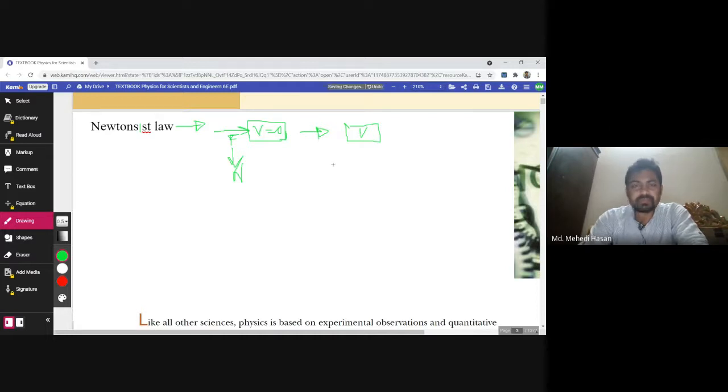If mass is increased, then inertia is also increased. For example, if we apply 10 Newton force to move an object of 10 kg, then there will be velocity. If the force is increased, then the velocity also increases. But if mass is increased with the same amount of force, the velocity will decrease. That means the increase of mass produces more inertia, that means more opposition to the force.